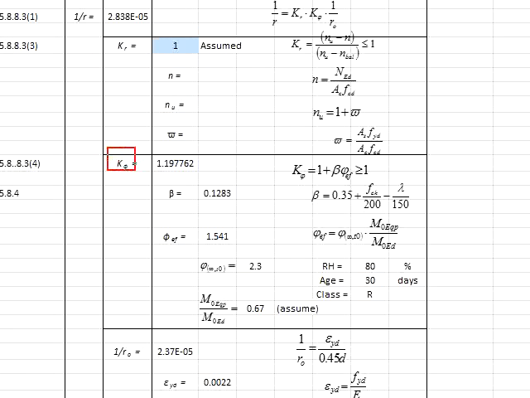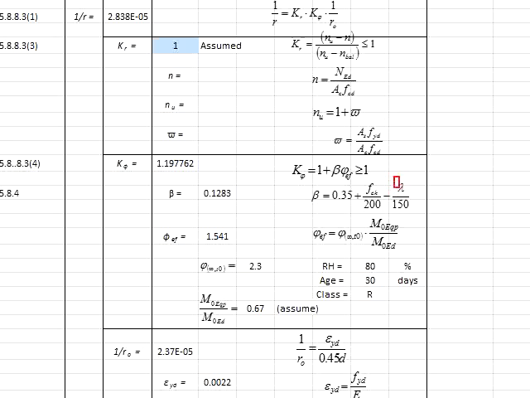Next, you calculate the K dot. It is given with this formula, 1 plus beta times the coefficient of the creep. The formula for the beta is given here in terms of the functions of SCK and also the slenderness ratio.